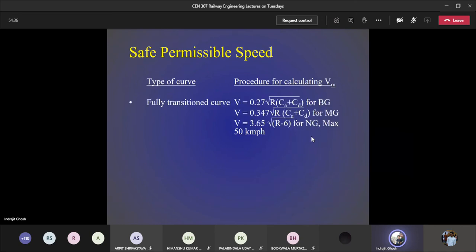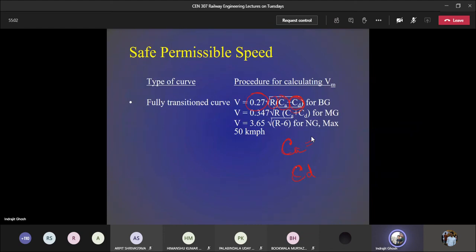So let us see those formulas. Again, they do not look very easy, but the formula is basically 0.27 √(R (C_a + C_d)). So there is a term C_a, and another term C_d. The C stands for cant or super elevation.